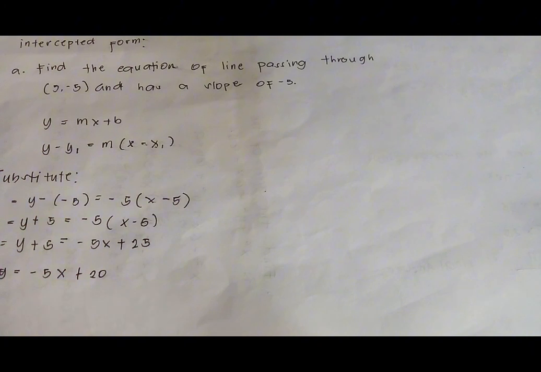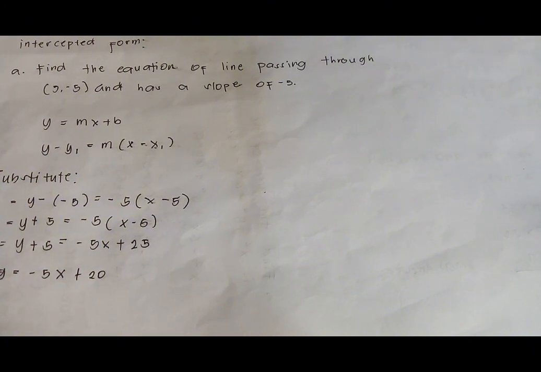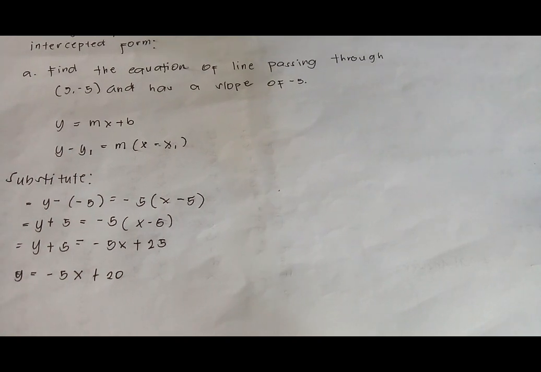Now, the intercept form of the equation is x over a plus y over b is equal to 1, where a is the x-intercept while b is the y-intercept. To convert to intercept form, we need the intercepts from the slope-intercept form. Y is equal to negative 5x plus 20.